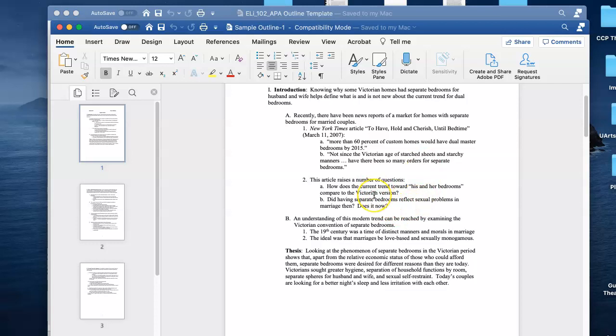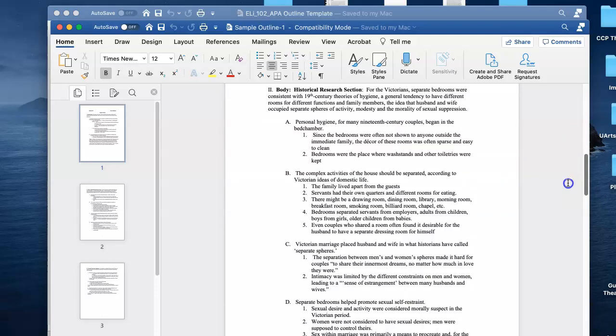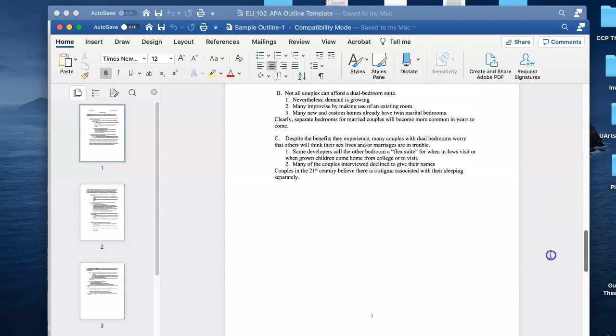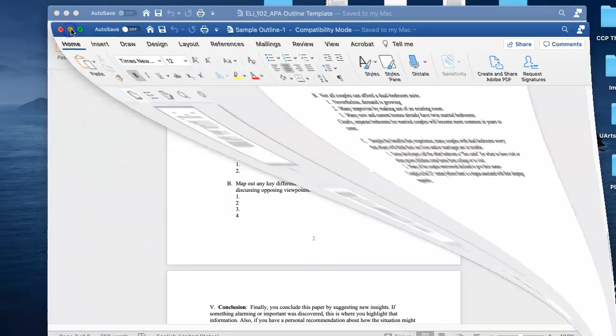He brings up the research questions, then he moves into his thesis, and then everything else that I'm asking you to do. So I think that you'll find that the sample outline that's posted in the module is very, very helpful. You should refer to it again and again. It's only 4 pages. Yours should be about the same.